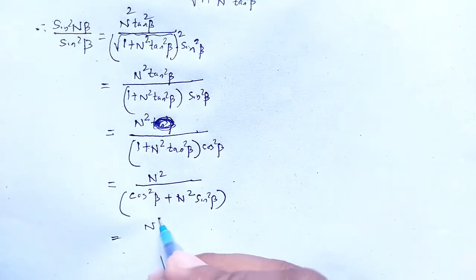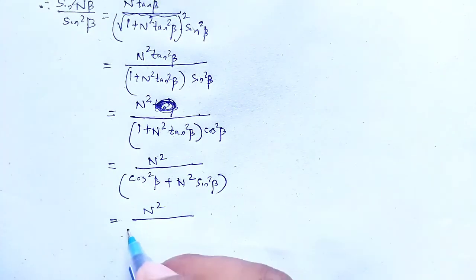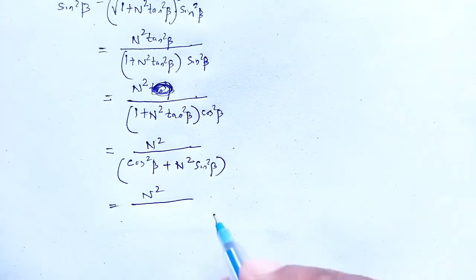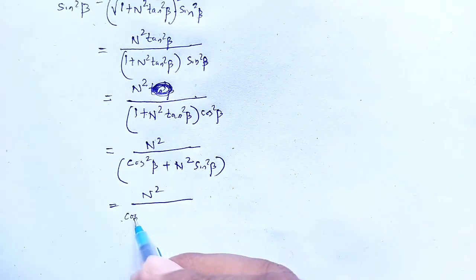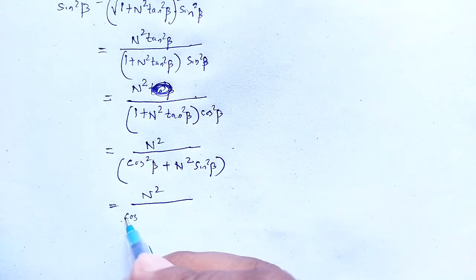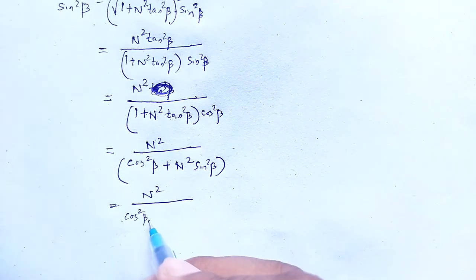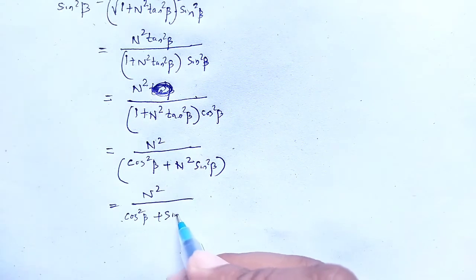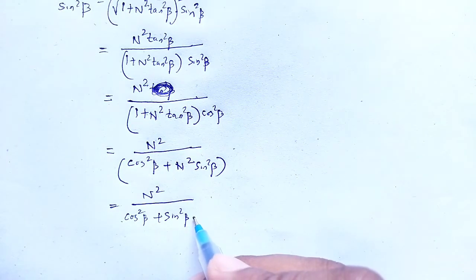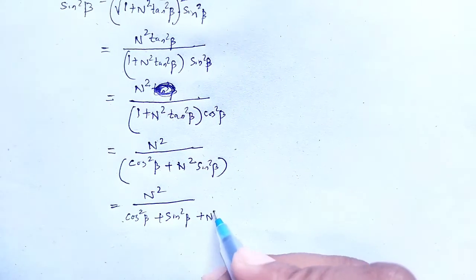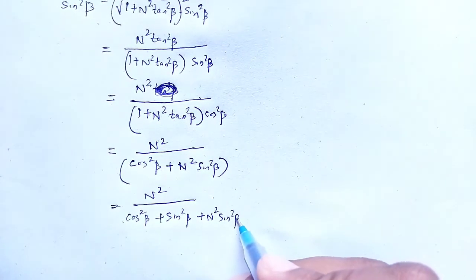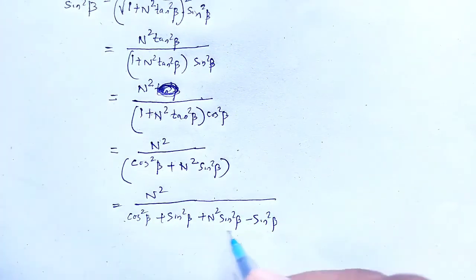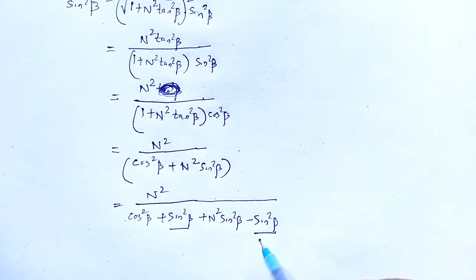This is equal to n square divided by, let me use cos square beta plus sin square beta plus n square sin square beta minus sin square beta. I just add and subtract sin square beta.